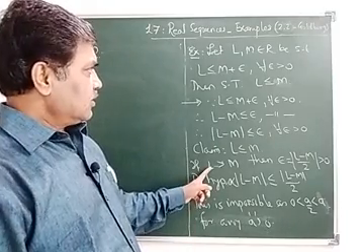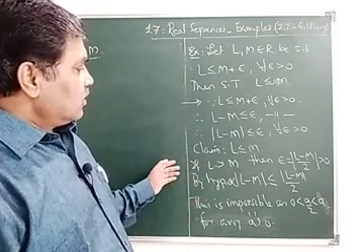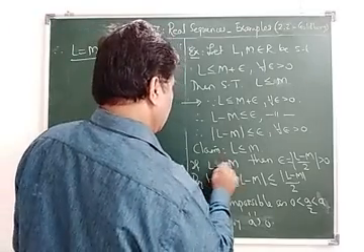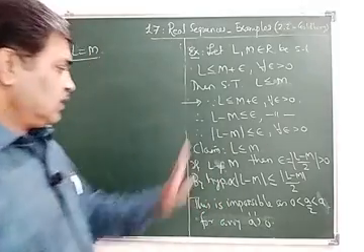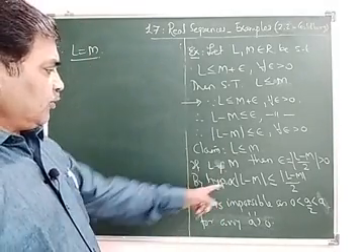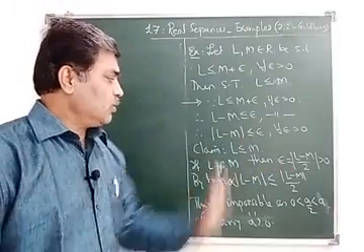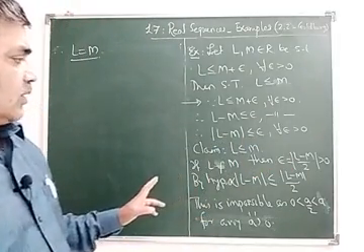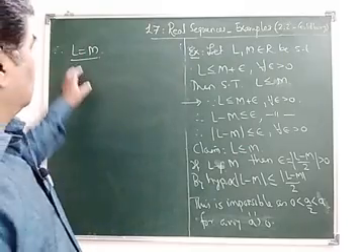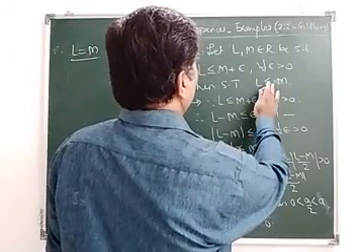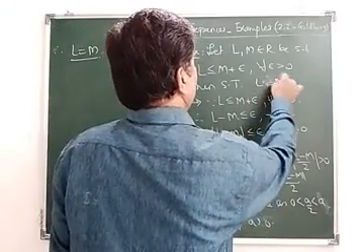Is it right? If I assume here L not equal to M, then we are getting a contradiction. Then epsilon equal to mod L minus M by 2 is greater than 0.